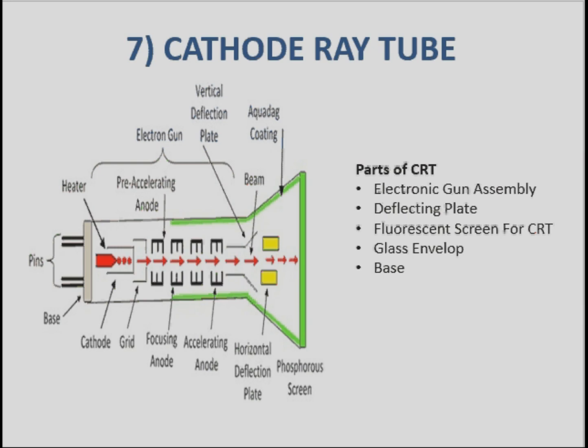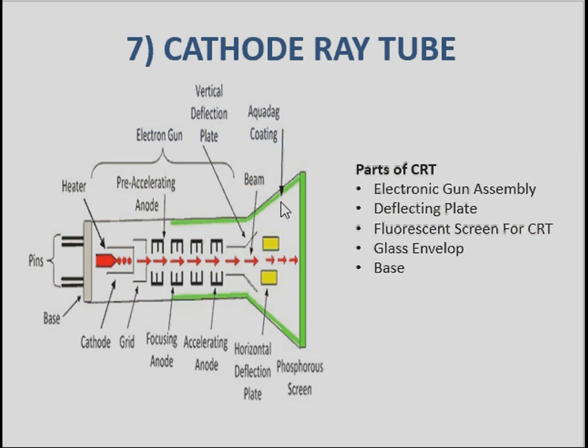The purpose of this coating is to accelerate the electron beam after passing through the deflection plates. That is, after the deflection plates, we have to increase the speed of the electrons, and that is done by means of this aquadag coating.